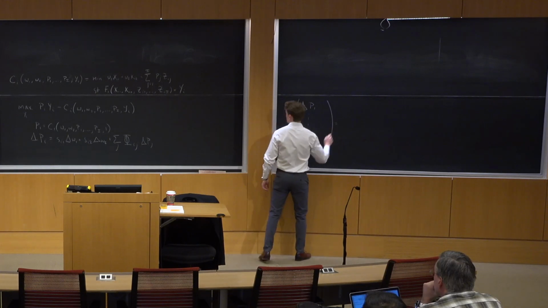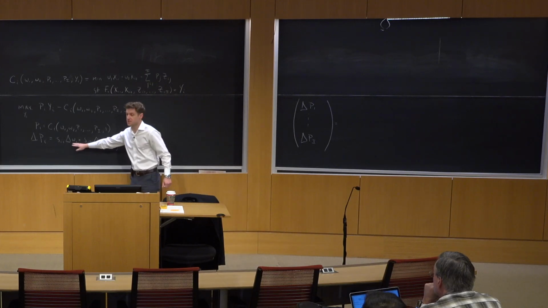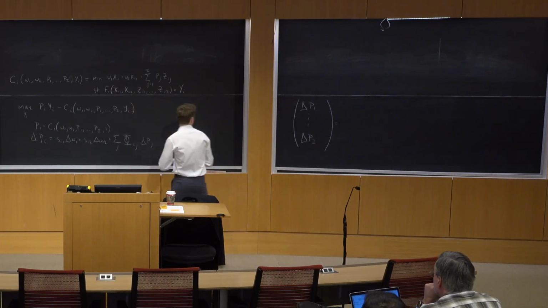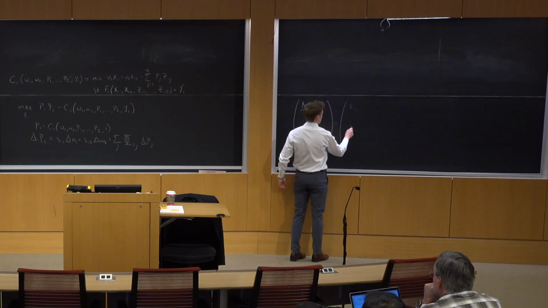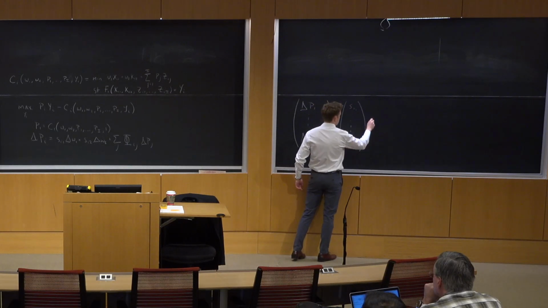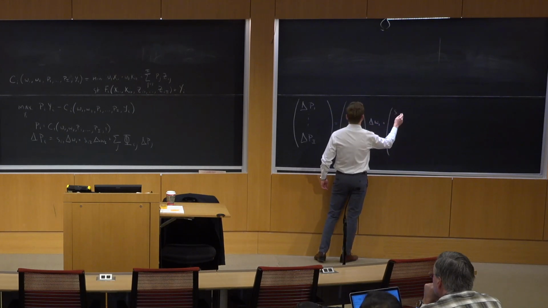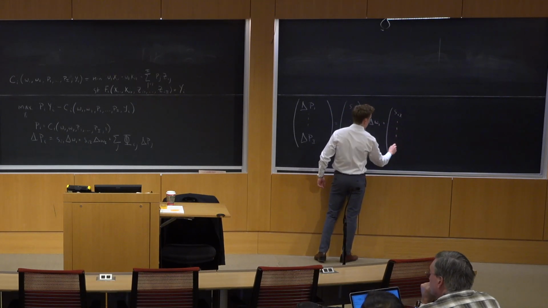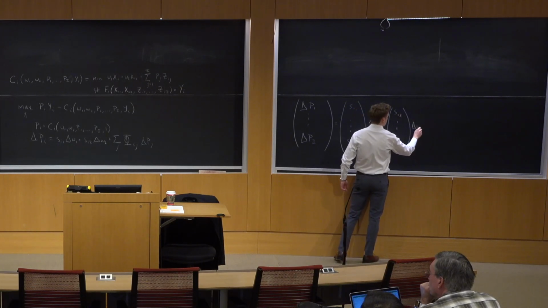Delta P capital I is going to equal, these prices aren't varying at all at the industry level, so really we just have a share here. So we have S11 all the way up to SI1 times the change in W1 plus S12 all the way up to SI2 times the change in the second input price.